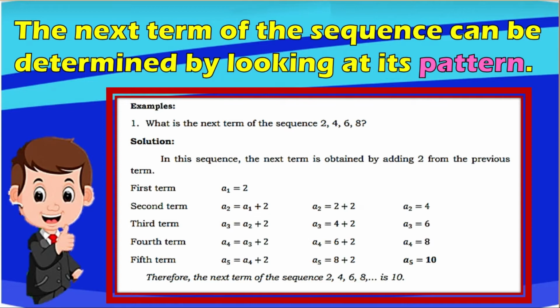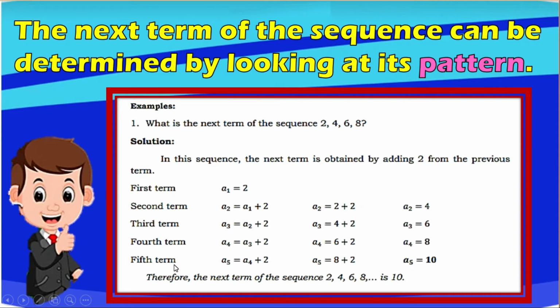Third term, that is a sub 3, is equal to a sub 2 plus 2. A sub 2 is equal to 4. So a sub 3 is equal to 4 plus 2, that is equal to 6. The fourth term, a sub 4, is equal to a sub 3 plus 2. Since a sub 3 is equal to 6, we add 2 to 6. So we say 6 plus 2, a sub 4 now is equal to 8.